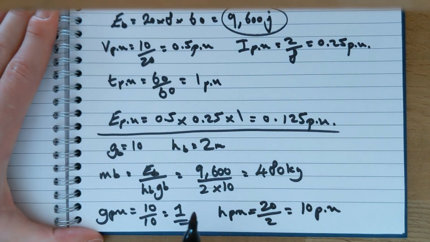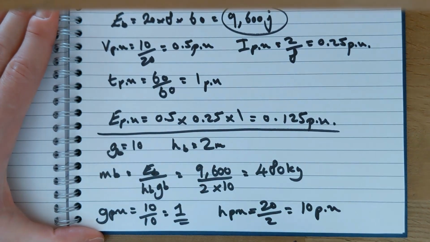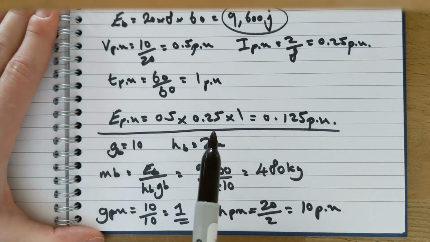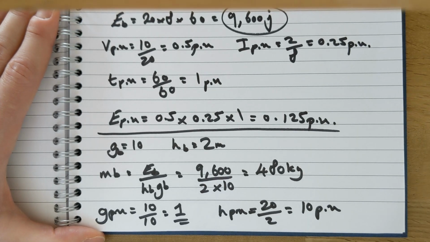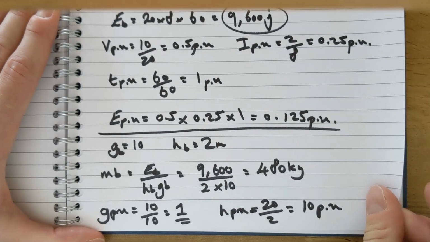Now we've got everything we need in the per unit system, we can carry across this energy value into the physical bit of the non-electrical part of our problem, using these per unit values, and calculate the amount of mass in per unit that has been pumped, or mass of water.